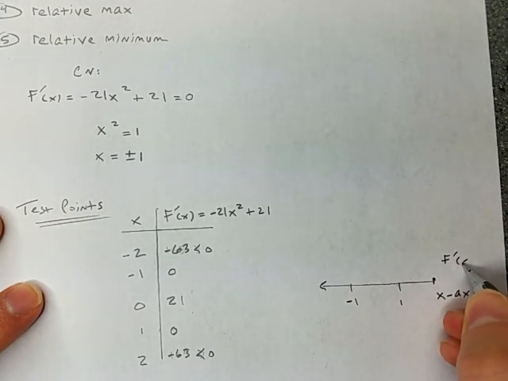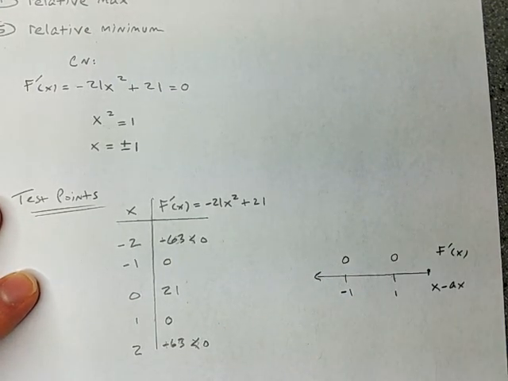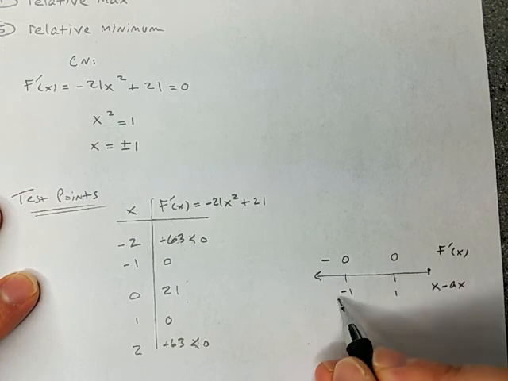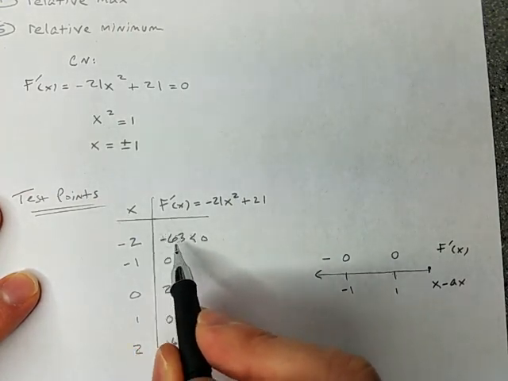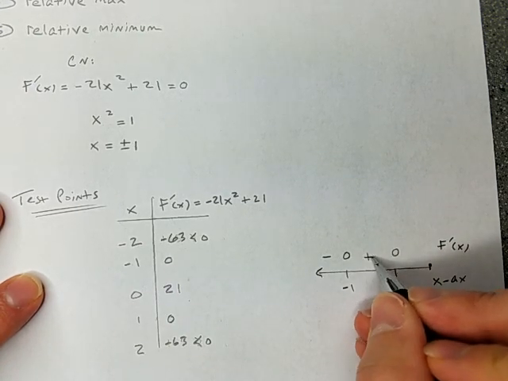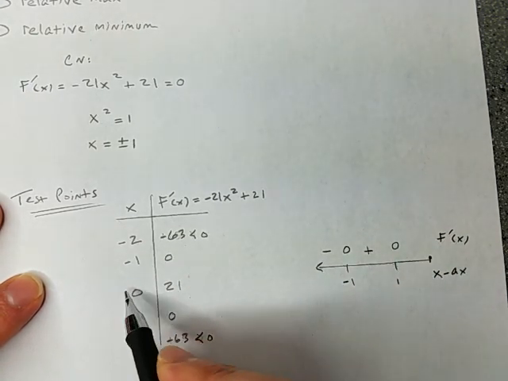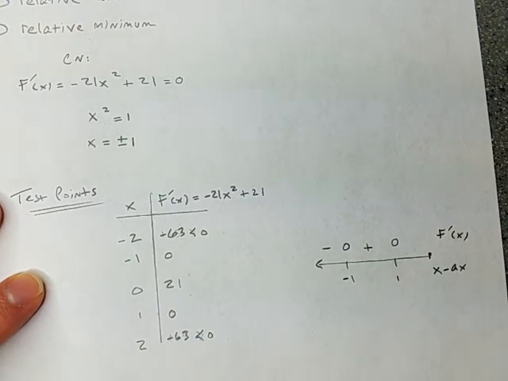And I'll describe what the derivative is doing. At negative 1, the curve is flat. At 1, the curve is flat. Left of negative 1, the curve is falling because I tested the derivative and it is negative out there left of negative 1. In between negative 1 and 1, the curve is rising because I tested it in between there and I got a positive number.